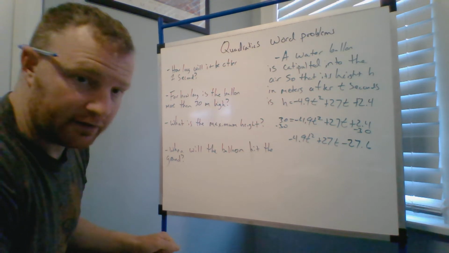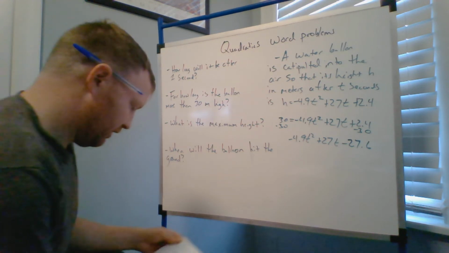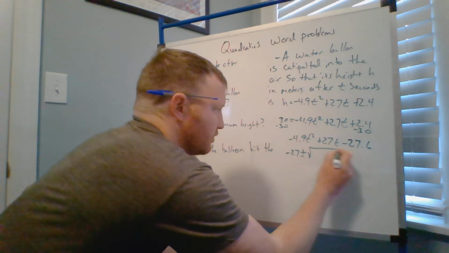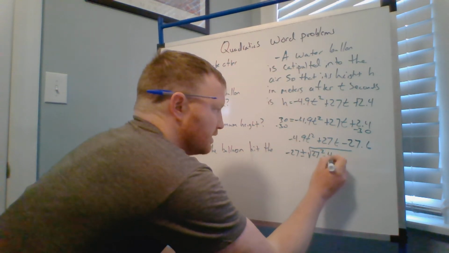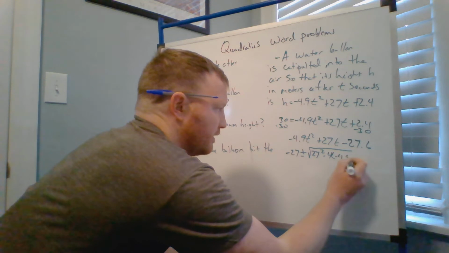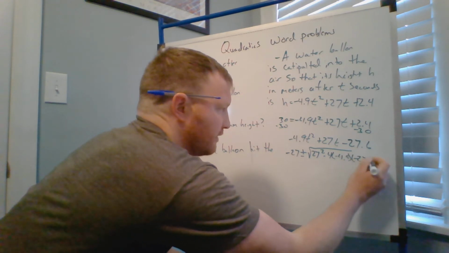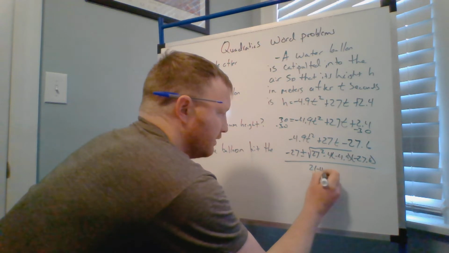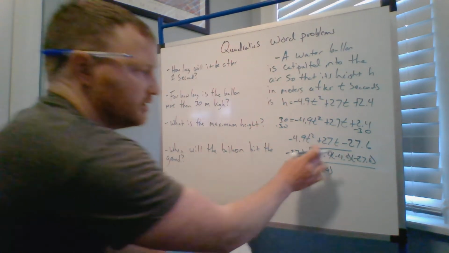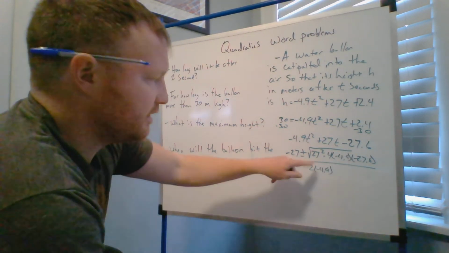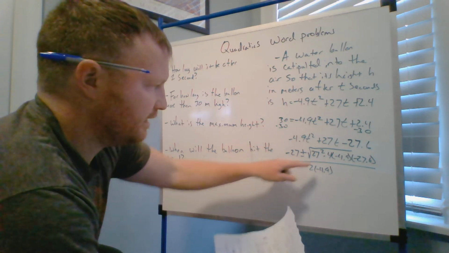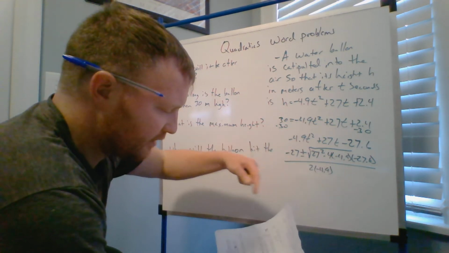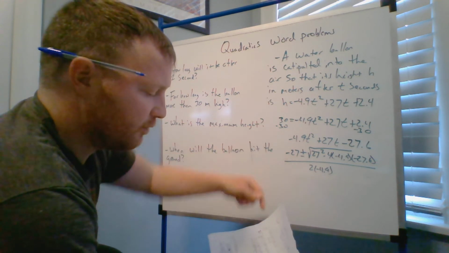Now, because I've got all the decimals, this is going to be really hard, so I'm going to use the quadratic formula. Negative 27 plus or minus the square root of 27 squared minus 4 times negative 4.9 times negative 27.6, all over 2 times negative 4.9. I've already done all this math. 27 squared is 729, and the negatives make this a subtraction: 729 minus 540.96.